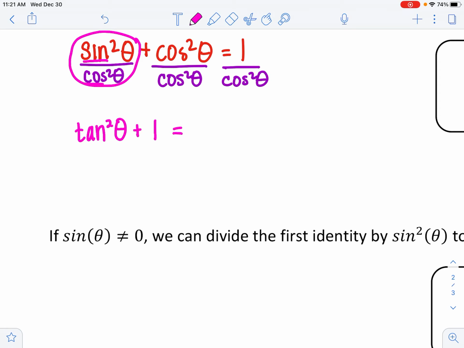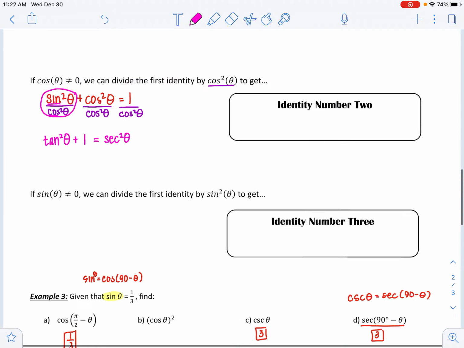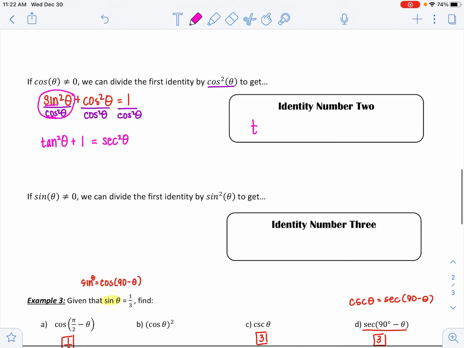And then what can I change 1 over cosine to? 1 over cosine is the same thing as secant, but this is squared, so secant squared of theta. This is our second identity: tangent squared of theta plus 1 equals secant squared of theta. I'll try to give you a way to memorize these in just a moment.